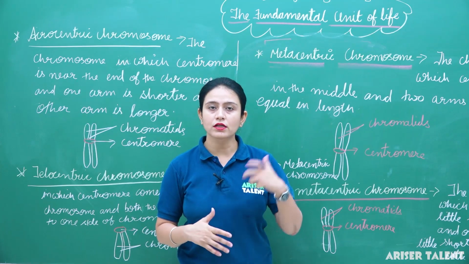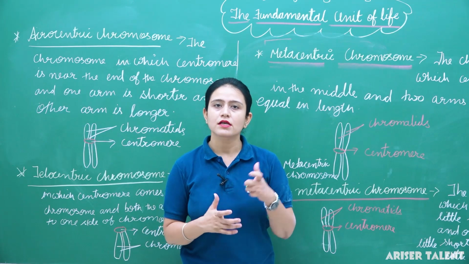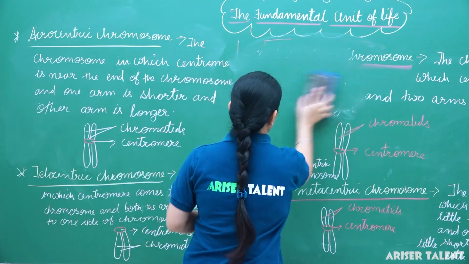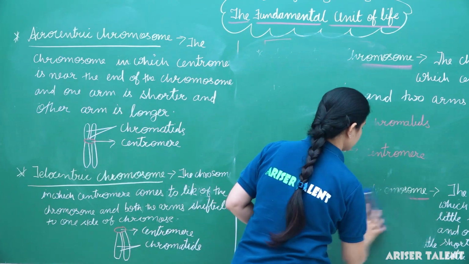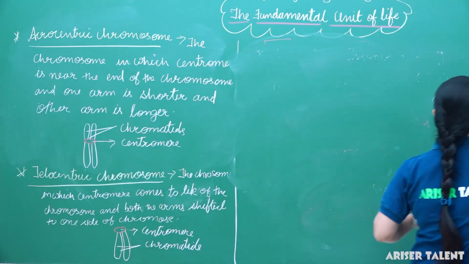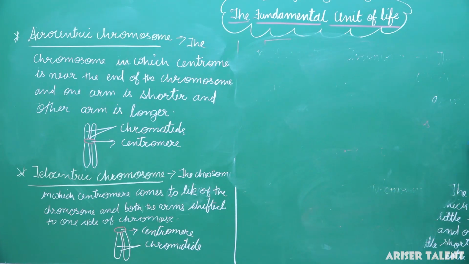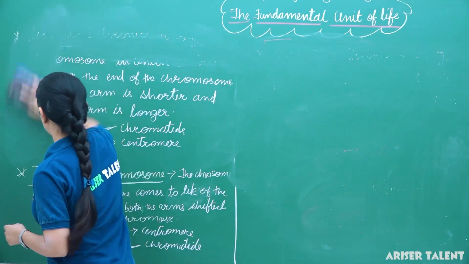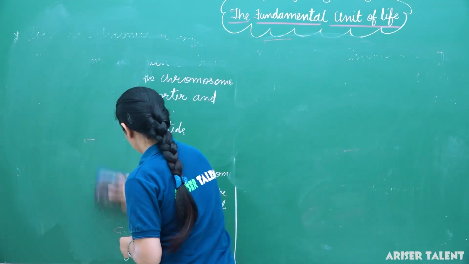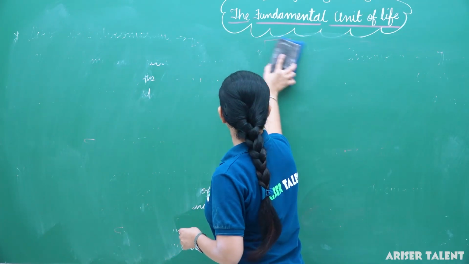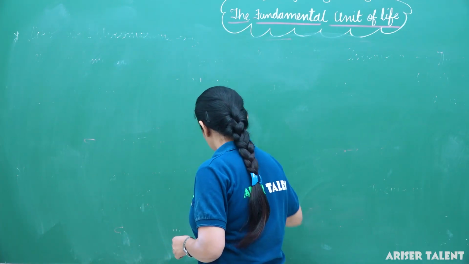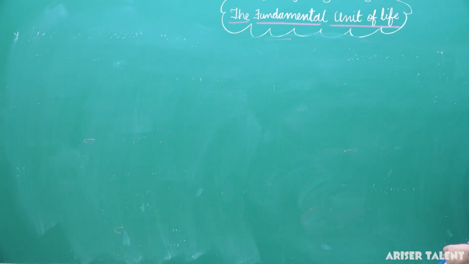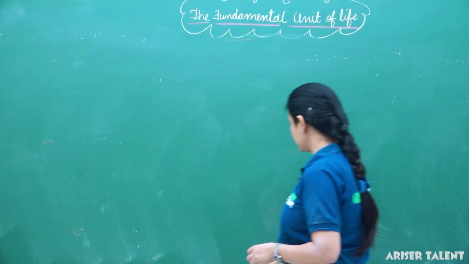Now we will talk about the third component of the eukaryotic cell, that is cytoplasm. Next topic is cytoplasm.